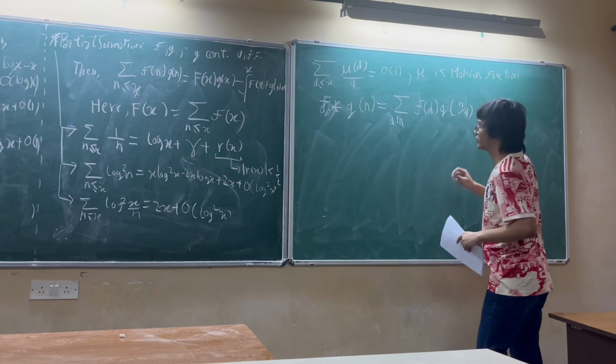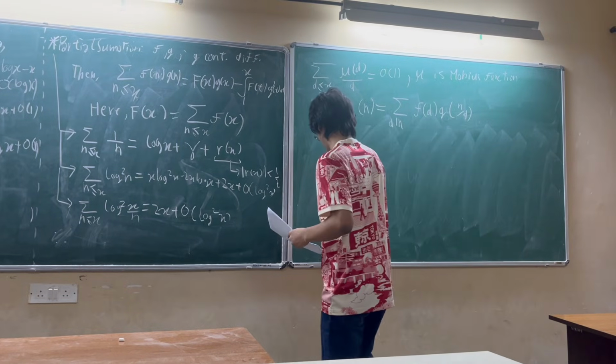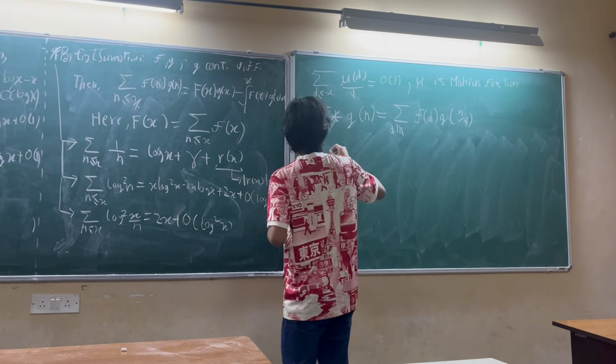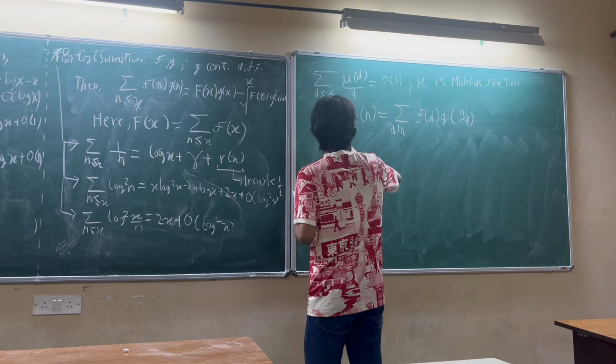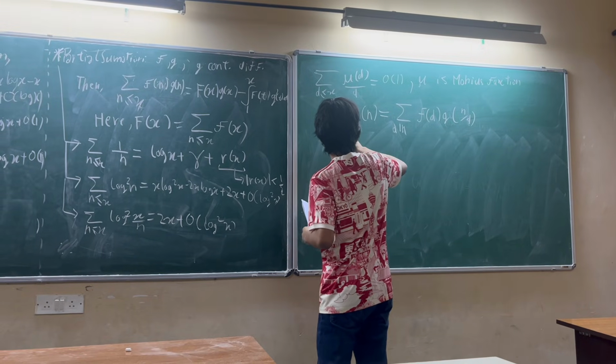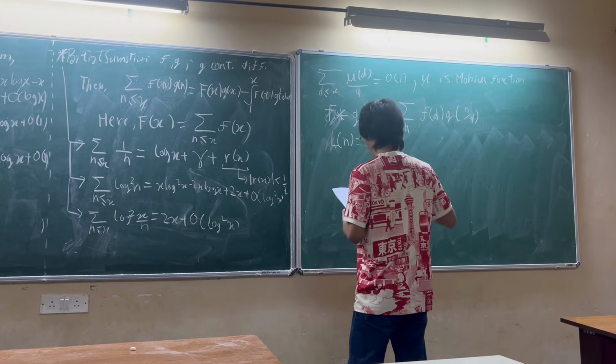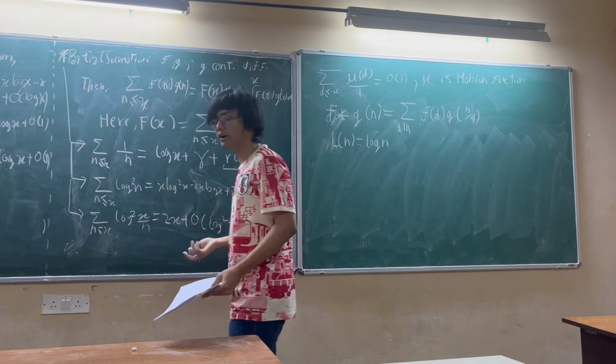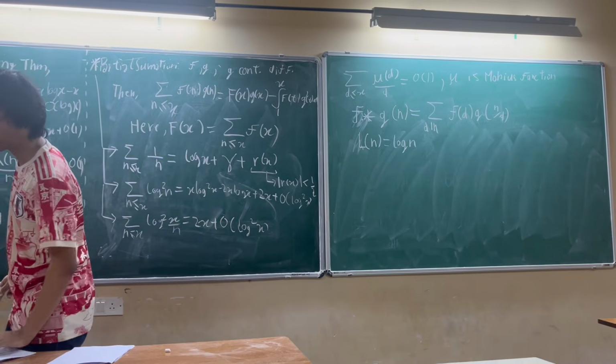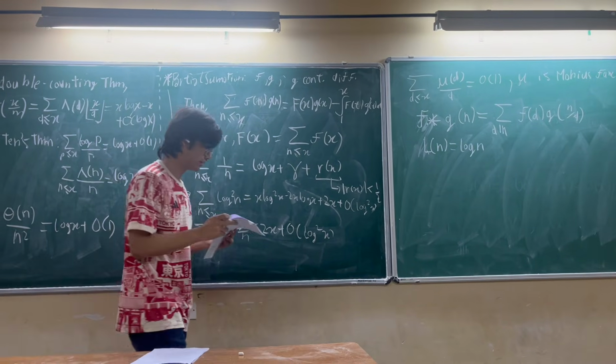This is what a convolution is. Sometimes it's called a Dirichlet convolution. And then define the function capital L of n simply as log n. So this function is log n for all numbers n.